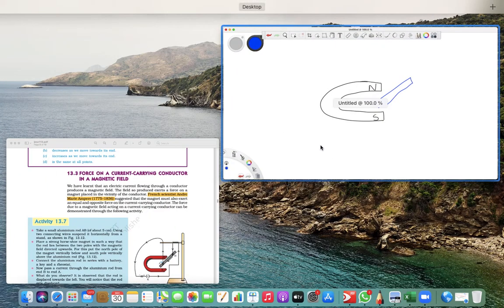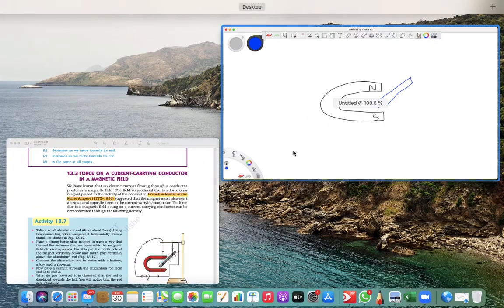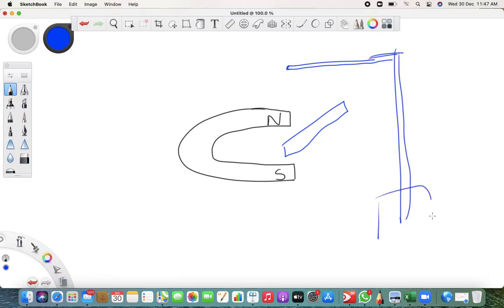It should be hanging, so definitely it should be tied. So we are tying it with some wire. For that we need a stand like this, and we are putting it like this.